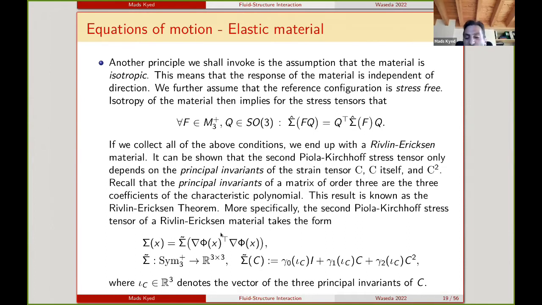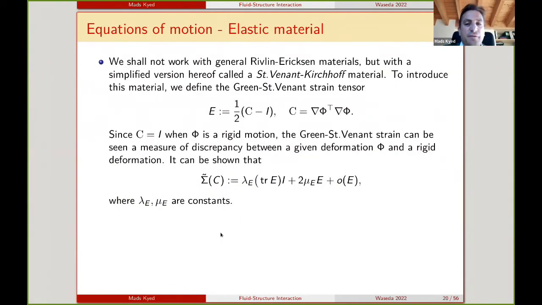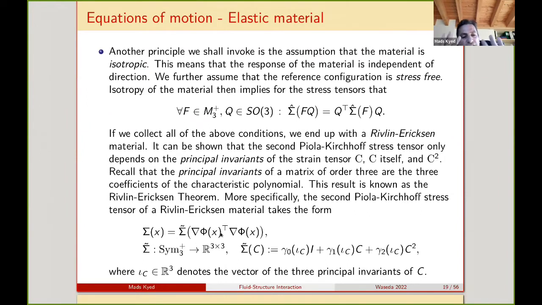That is a polynomial with respect to C, and the coefficients depend on the 3 principal invariants of C. Okay, so that's a lot of stuff. I'm not going to go into the details. If you want to work with the most general type of elastic material, well, you have to use this second Piola-Kirchhoff stress tensor.